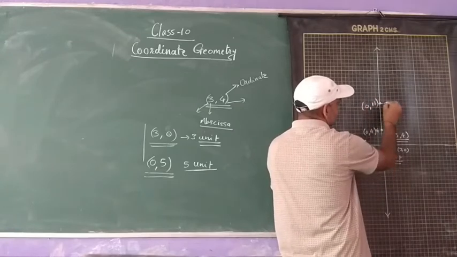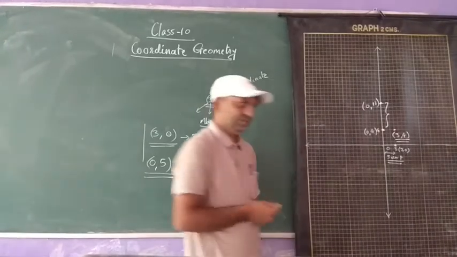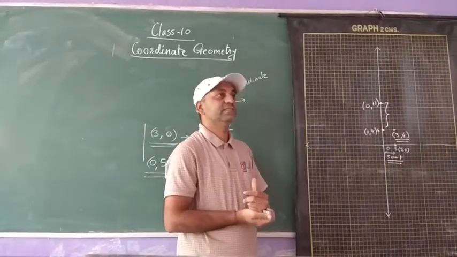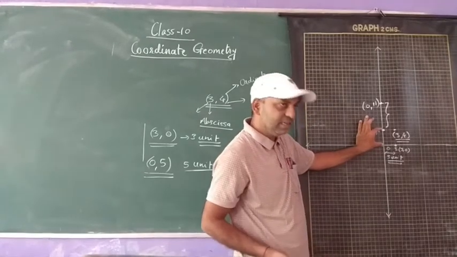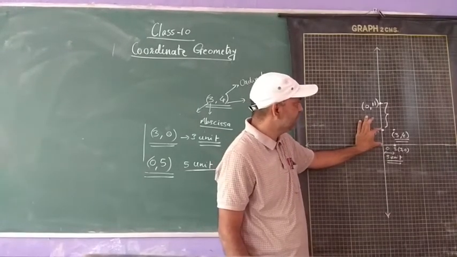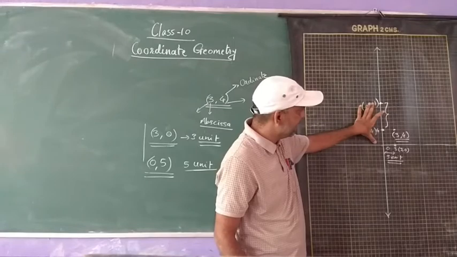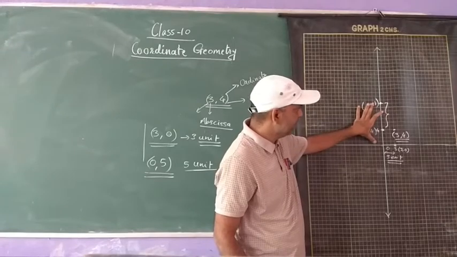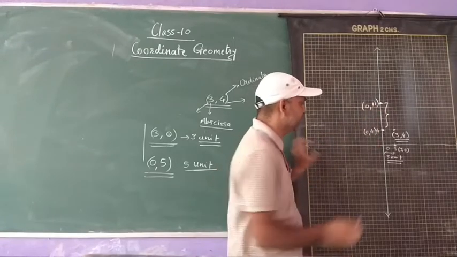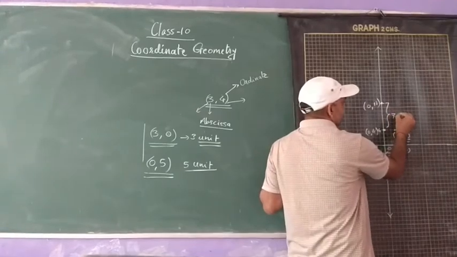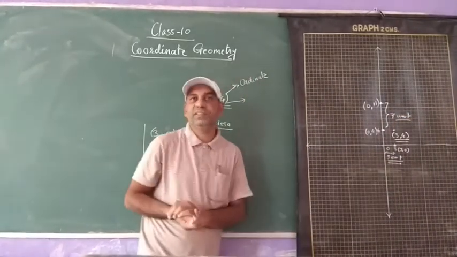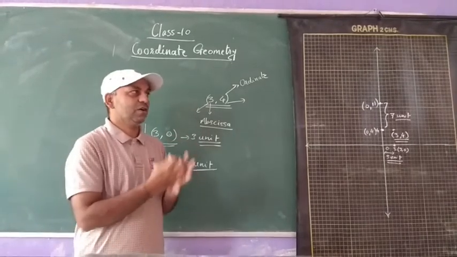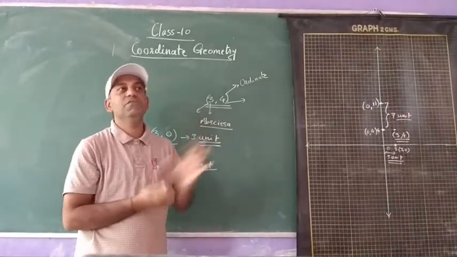What is the distance between these two points? We can easily find it, because this distance is 4 units and this distance is 11 units. So 11 units minus 4 units is 7 units. So we can easily find the distance between two points on the x-axis or y-axis.